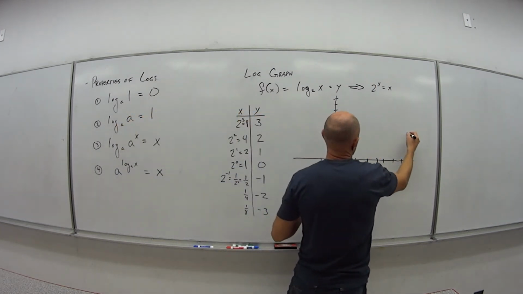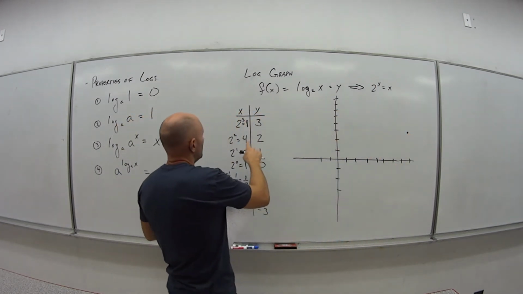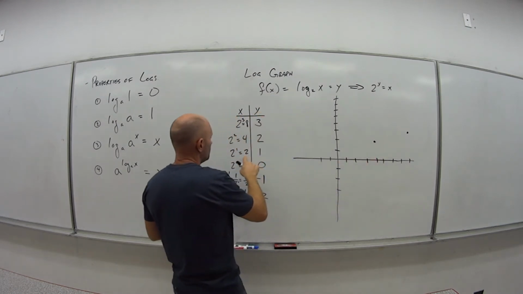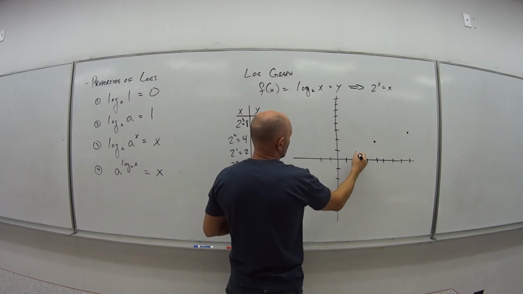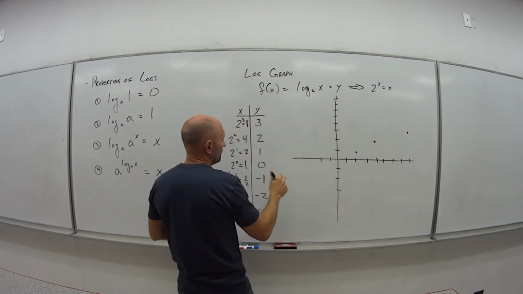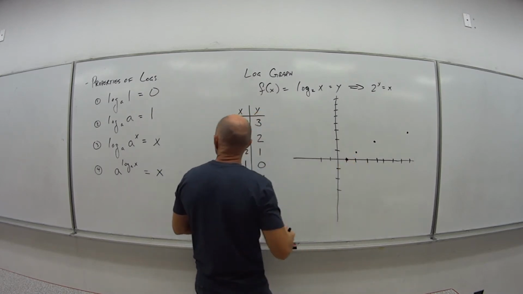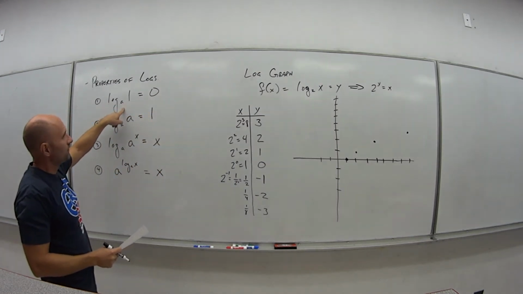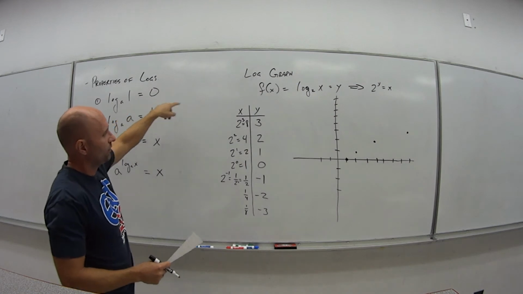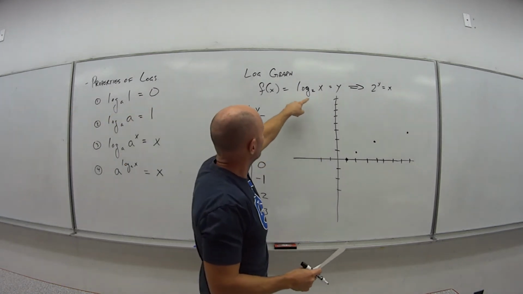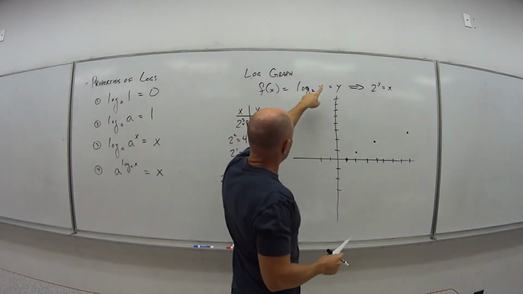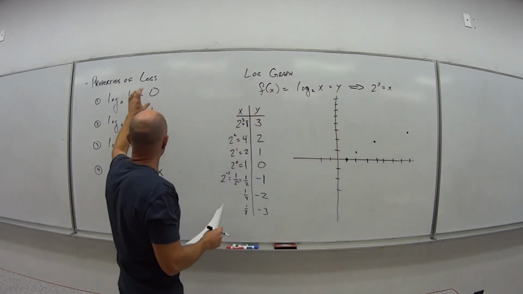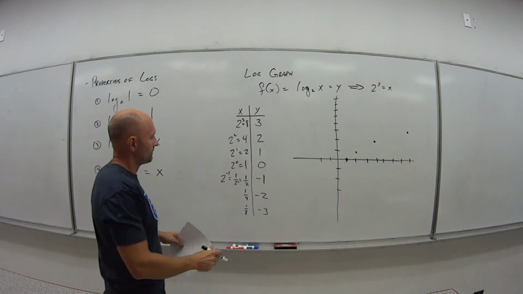So 8, 3, 4, 2, 2, 1, 1, 0. Does that make sense? Log of 1 in any base is going to be 0, and that's what we have here. So log of any base of x, which is 1, has to be 0, our y value. So it holds true with this property.